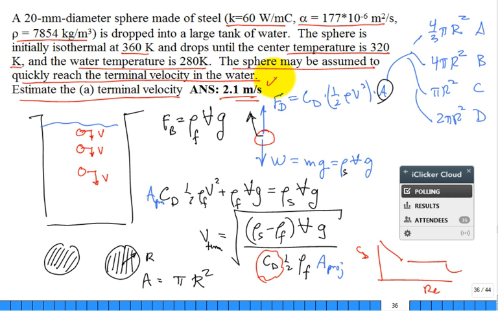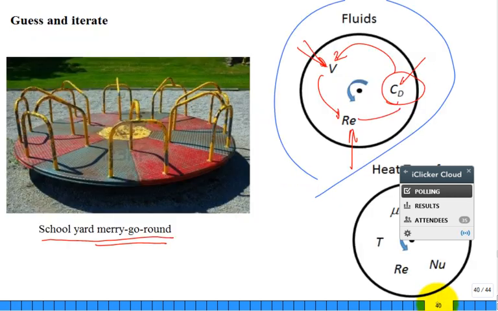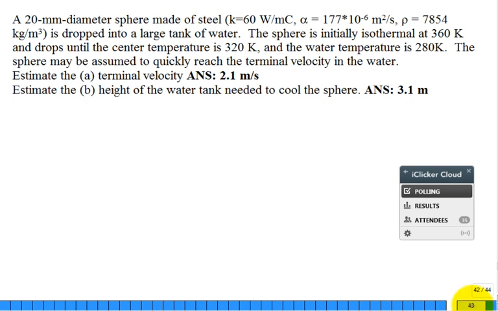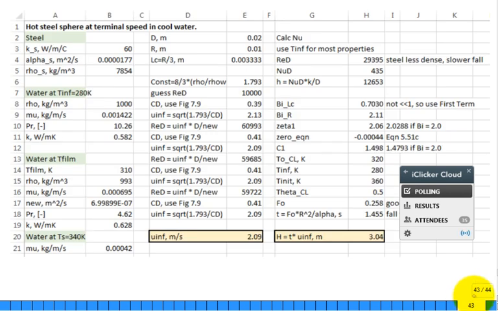I forget what the final, I think I have it on another slide. There. All right, I know there's a lot to digest here. I think I started with a Reynolds number in this one, with a drag coefficient of 0.39. Then I found the speed, and then I updated the Reynolds number from 10,000 to 60,000.